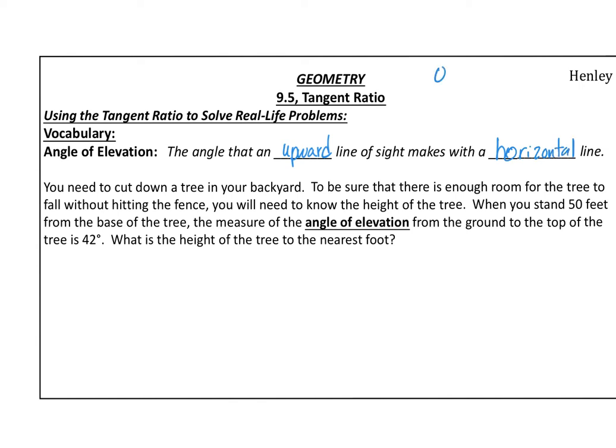So if you have a little person and here's this horizontal line, remember horizontal line is parallel with the horizon. This angle right here will be the angle of elevation.